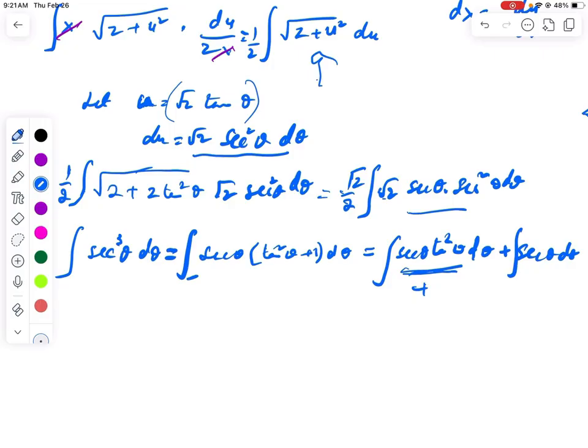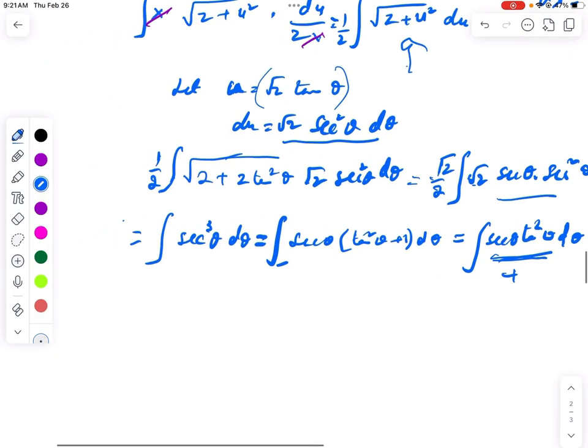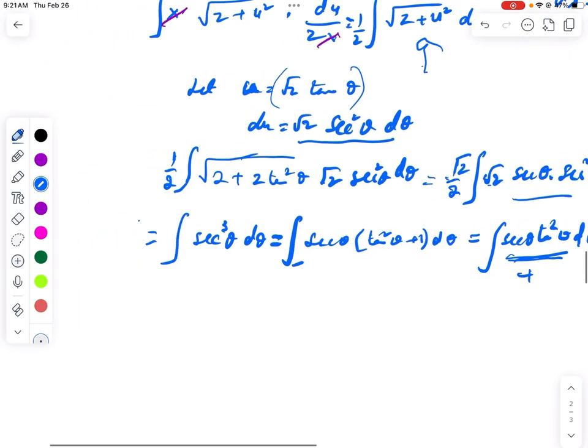If we had secant squared theta times tangent theta, that would be easy. But now we have secant theta times tangent squared theta, and we have to think how to do that. Okay, so I will leave this here because basically we need to know how to figure out the integral of secant cubed theta.